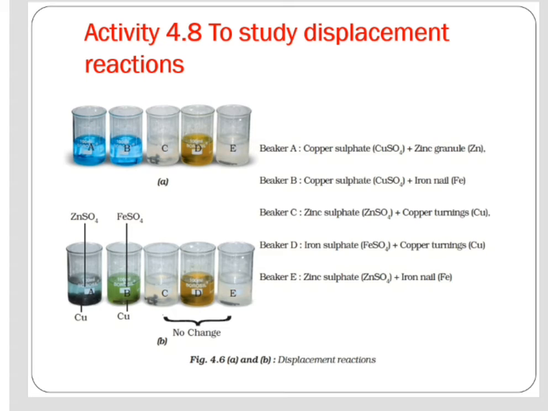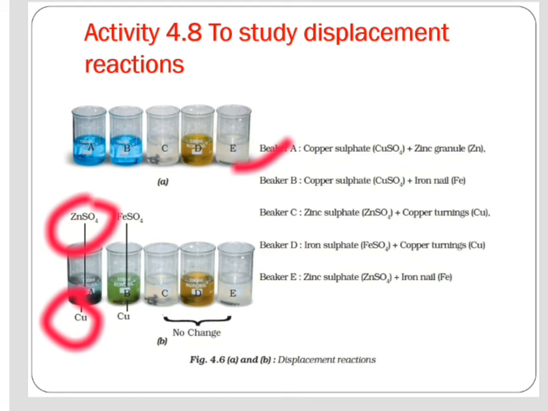Observation: in beaker A, zinc replaced copper from the copper sulfate solution, and the blue colour disappears. A red powdery mass of copper settles at the bottom of the beaker.